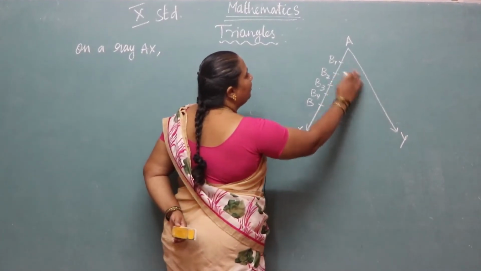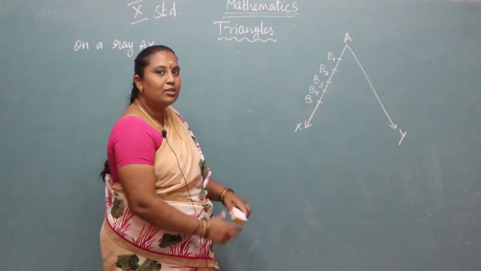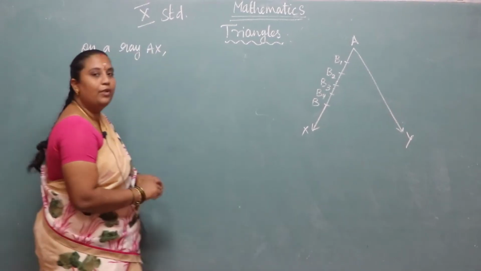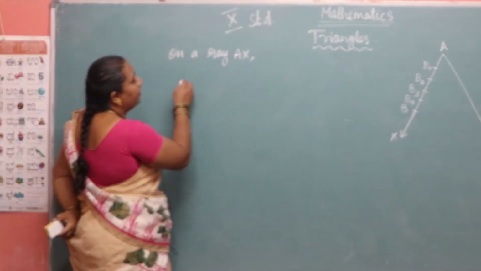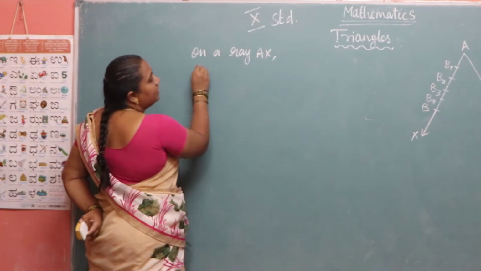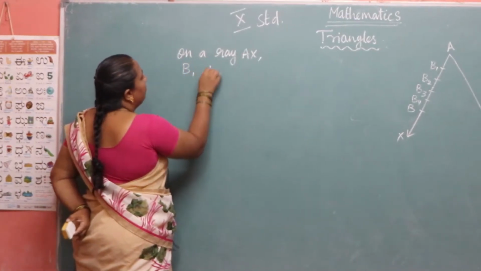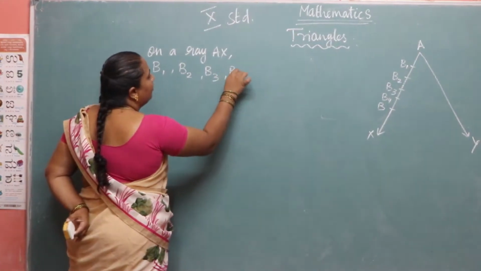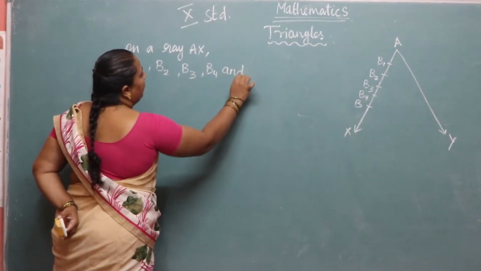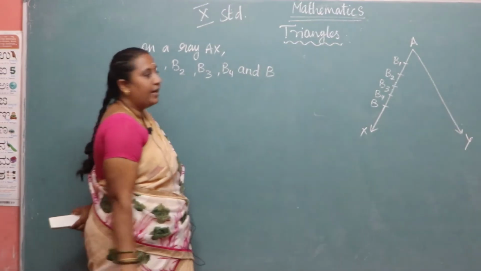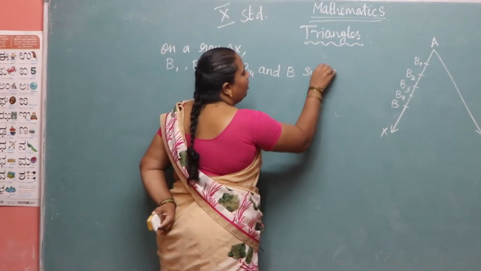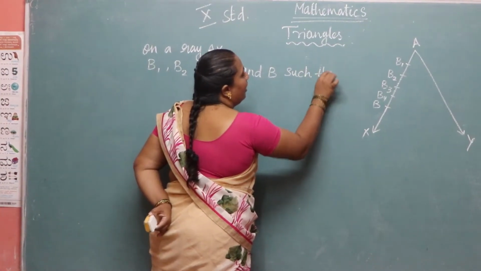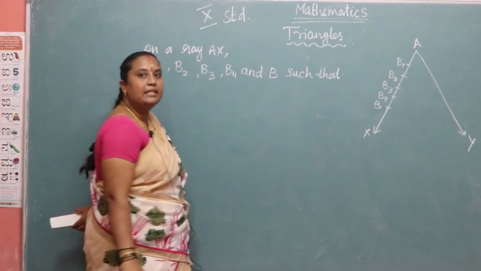Then we should take the other ray. First we should write the points we took on the ray AX, that is B1, B2, B3, B4 and B. As I told, all the points have the same distance.